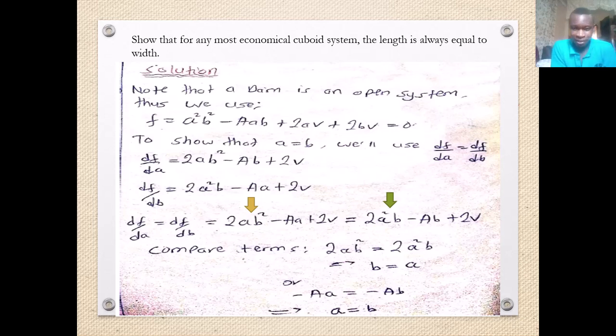You compare the second terms, which is quite simple: negative aa equals negative ab on the other side. Then a and a cancel out, and we remain with a equals b, which is the same as b equals a. That's how we show that the length and the width of the most economical cuboid system are equal. That means the length equals the width, and that's how it's done.